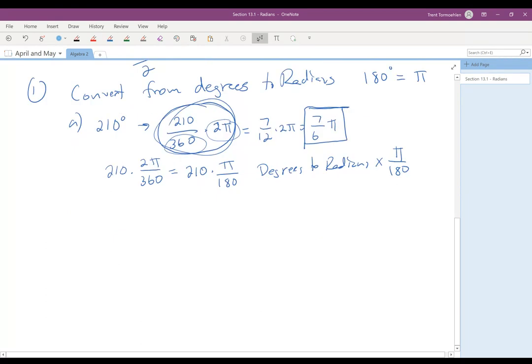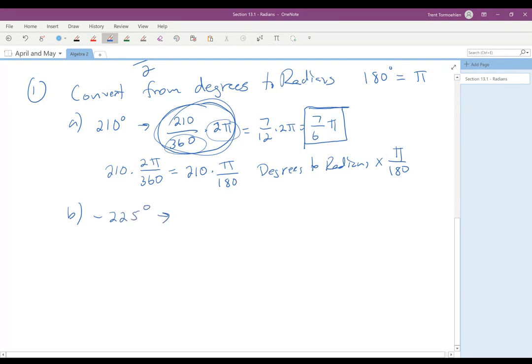So let's do a couple more examples of that. You might have one that is like this, negative, let's say, 225 degrees.